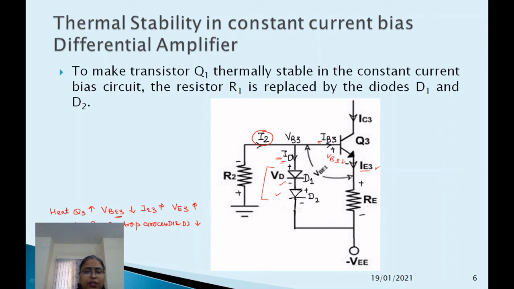With the decrease of IB3, the IE3 will also decrease. So with its decrease, there will be compensation of the increase in IE3.